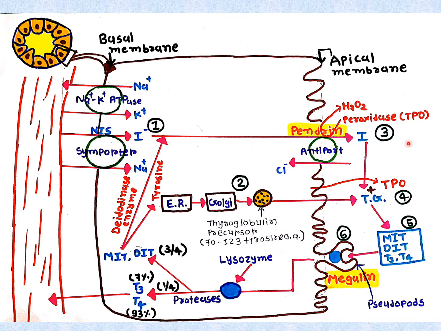So in this oxidation process there is a removal of an electron, and iodide becomes oxidized iodine, or simple iodine. Here there is a pendrin protein which helps in this process.